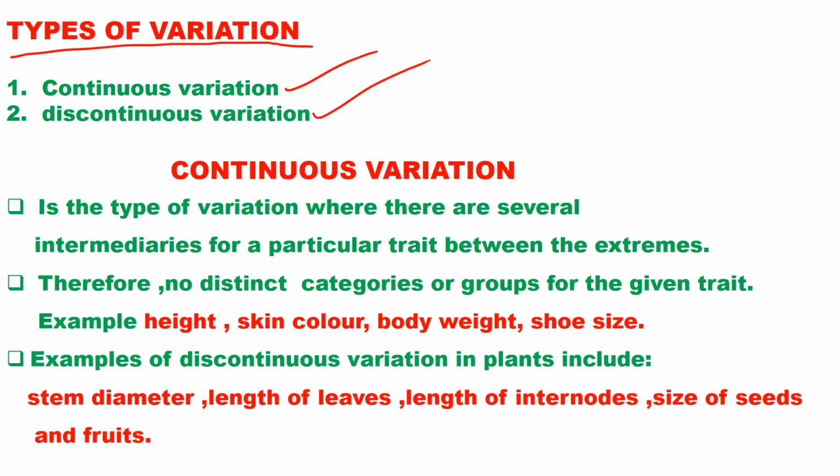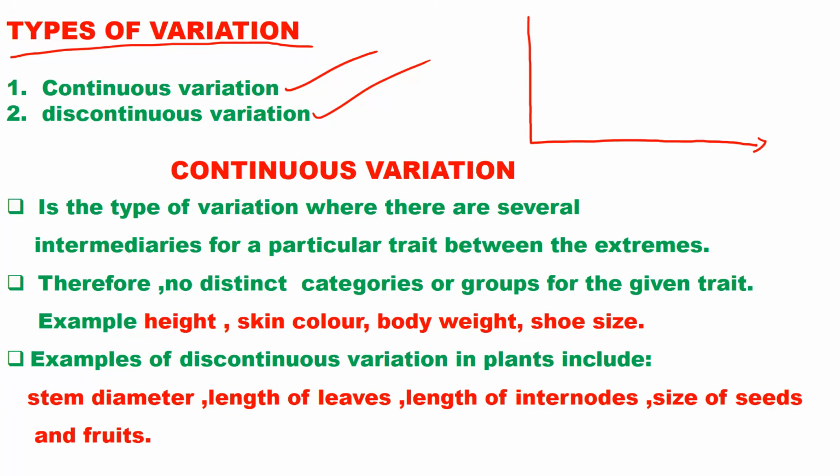Now, continuous variation is just a type of variation where there are several intermediaries for the particular trait or characteristic between the extremes, and therefore no distinct categories or groups for the given trait. What it means is there are different intermediaries here.